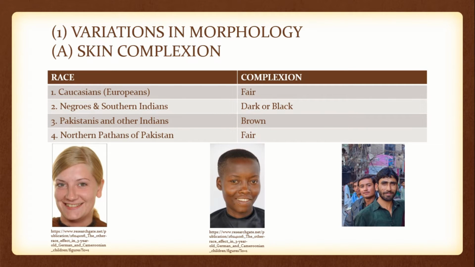Third one, if the skin complexion is light brown, so that person would most probably be Pakistani, or any other Indian as well. Again, as you can see in this picture, you have commonly seen among yourself that we usually have brown or light brown complexion. Okay, and lastly, the northern Pathans of Pakistan have a fair complexion.